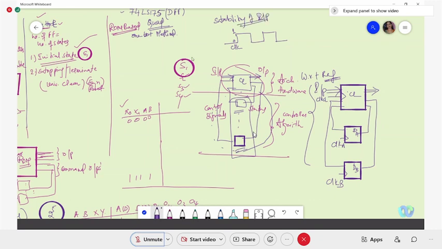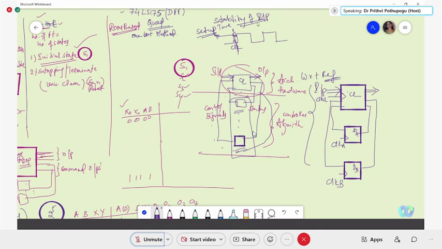What is this requirement? When the clock is happening, before the clock goes from 0 to 1, there is some time that your input has to be stable. What is that? Setup time. That setup time is a small duration before the clock goes from 0 to 1.